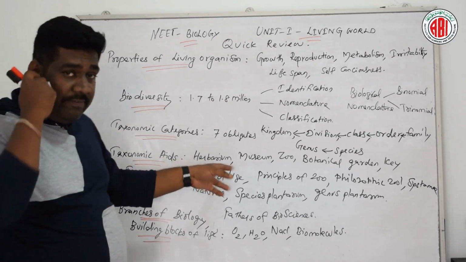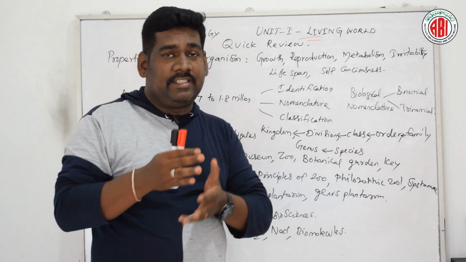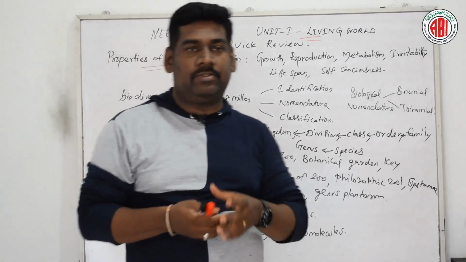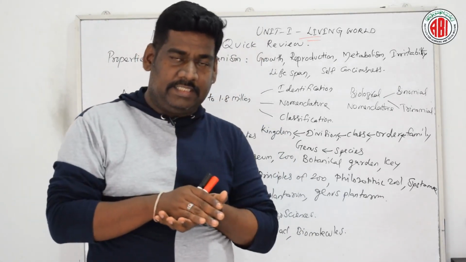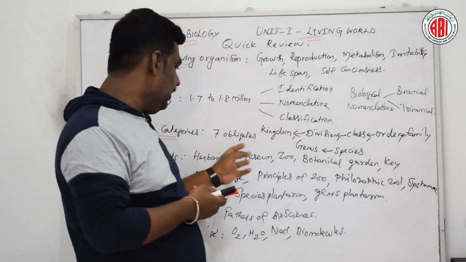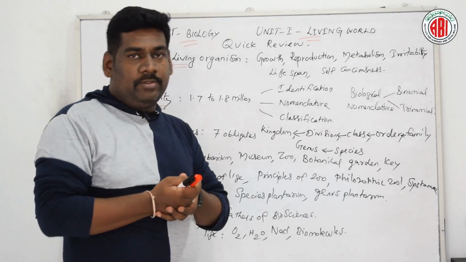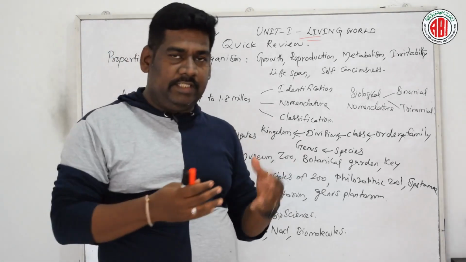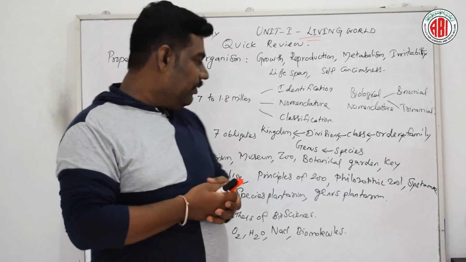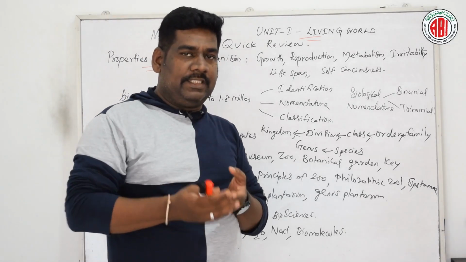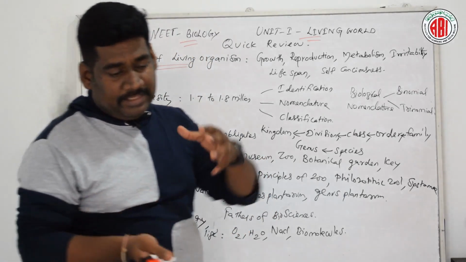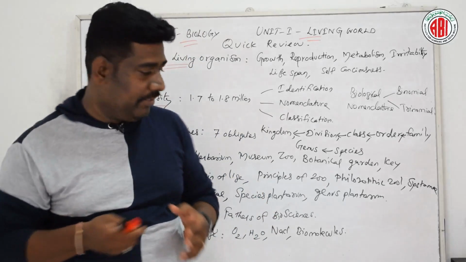Now herbarium refers to dry plant species which are compressed on a sheet, and that helps us study them in detail. Then museum is a place mostly seen in large institutions and universities, where we can study different plant or animal species, and particularly see animal species in a stuffed form, not just in photographic form.